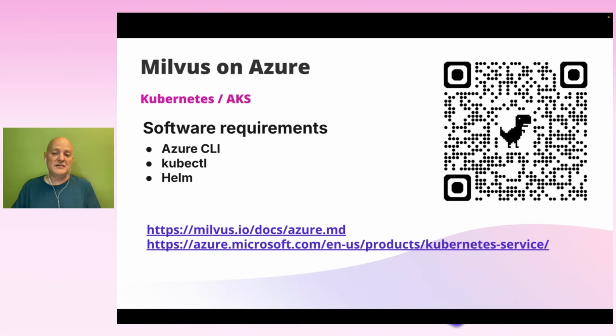Maybe at busy times when you have a lot of images coming in, you might have to increase the number of indexing, or you might have to increase storage. All that can be done very easily on Azure on Kubernetes.